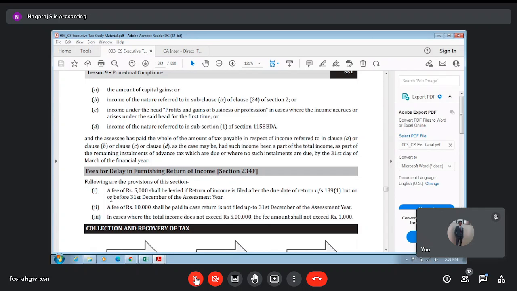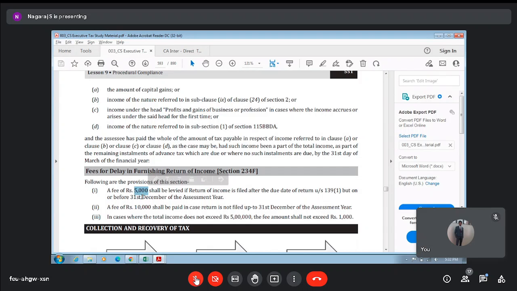See, a fee of rupees 5,000 shall be levied if the return of income is filed after the due date, that is 31st July, 31st October, 30th November, but on or before 31st December. If you have filed on or before 31st December, the late fee will be 5,000.